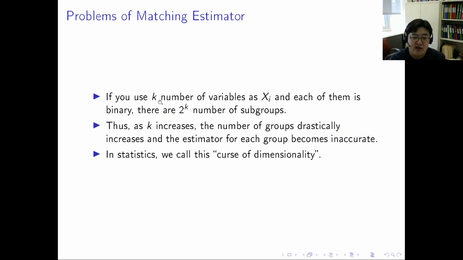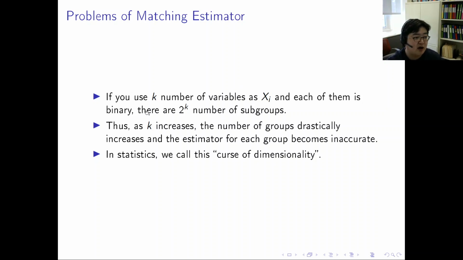And if each of them is binary, then already there are 2 to the exponent of k different characteristic groups. So it's increasing exponentially as k increases. So easily it will go up to a large number.